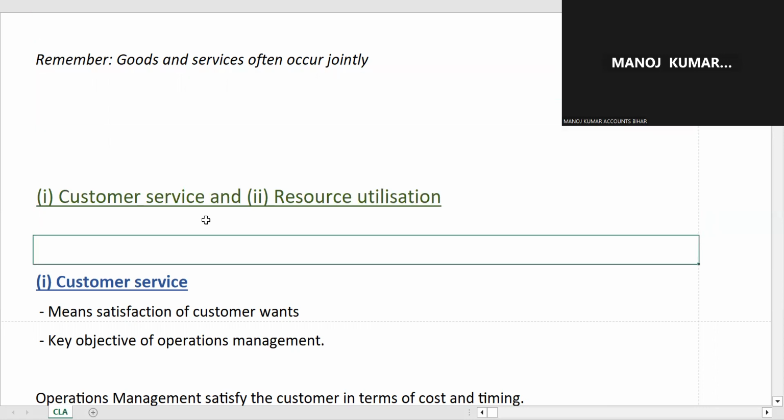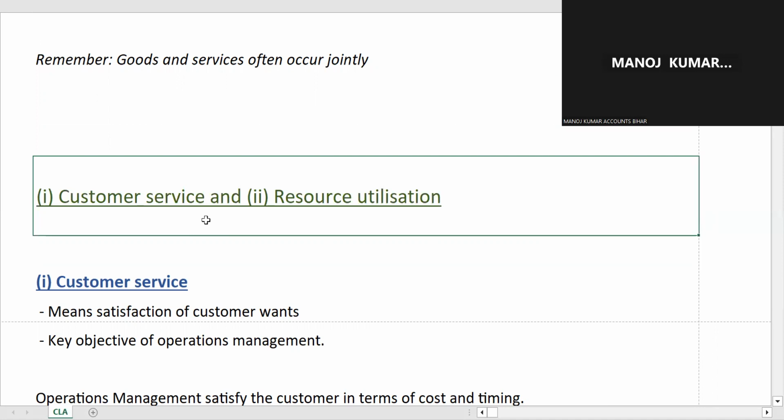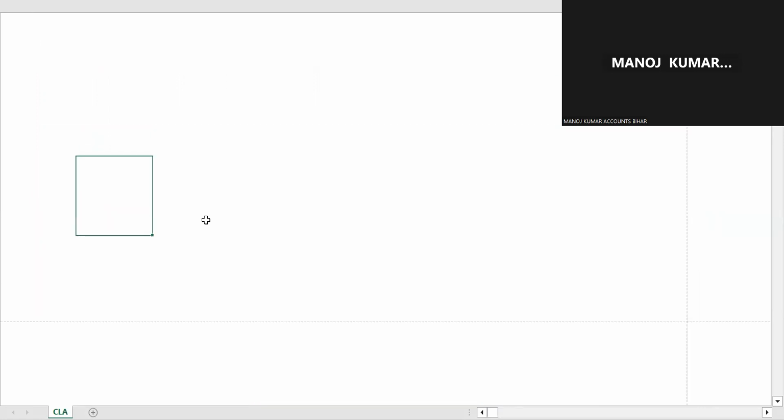I'll give you an example. Just see here. Say there is one person who is charging 1,000 rupees for a service, and the minimum profit he expects is 200 on whatever work he is doing.